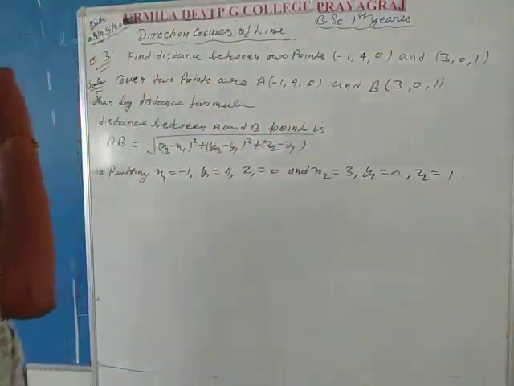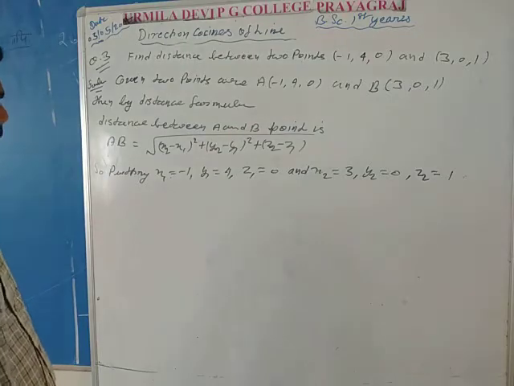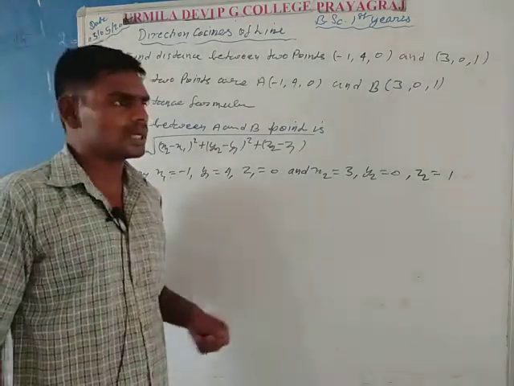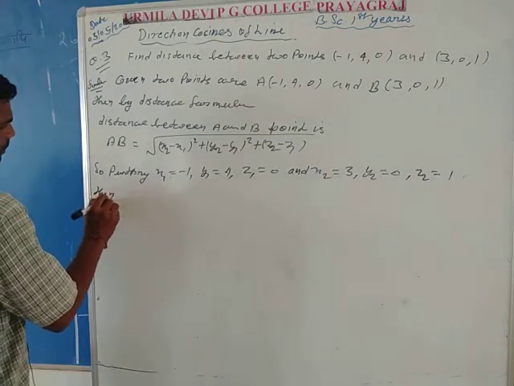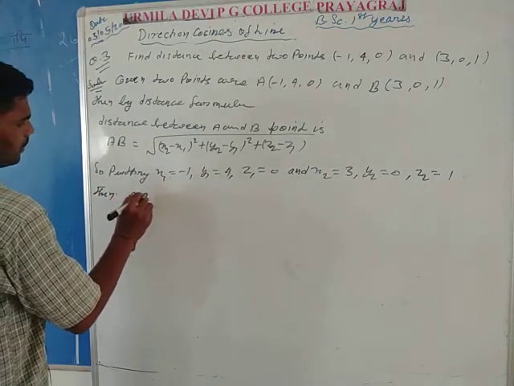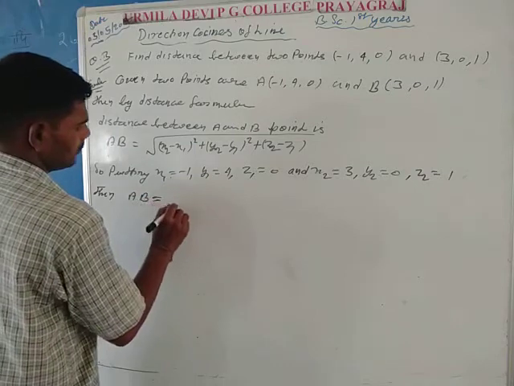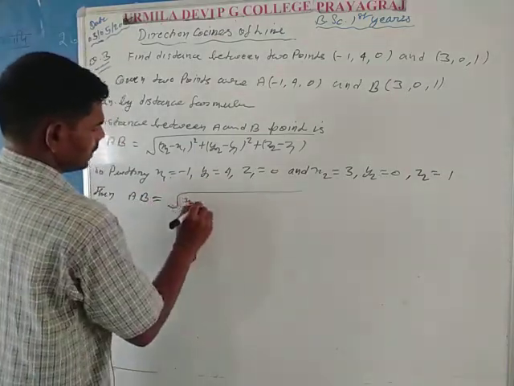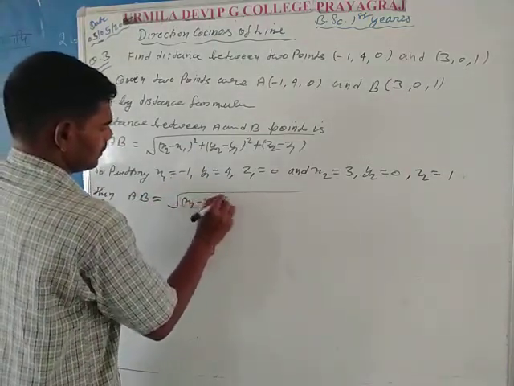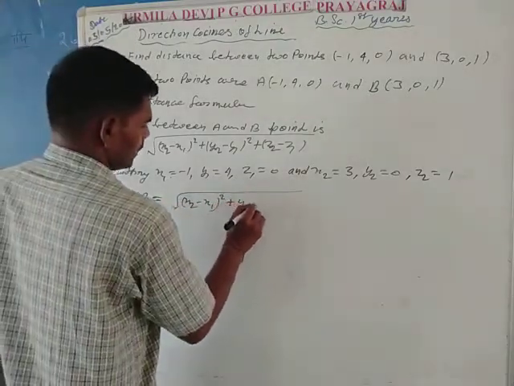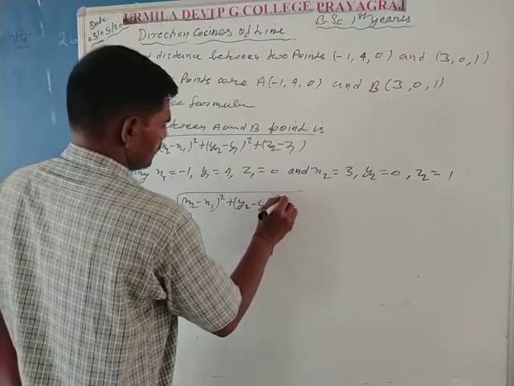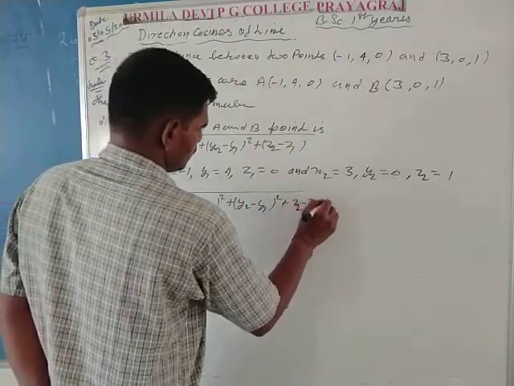These are the coordinates of the first and second points. First coordinates x1, y1, z1, second coordinates x2, y2, z2. Then AB is equal to under root of (x2 minus x1) whole square plus (y2 minus y1) whole square plus (z2 minus z1) whole square.